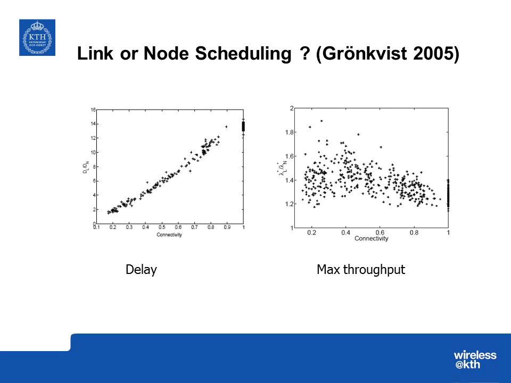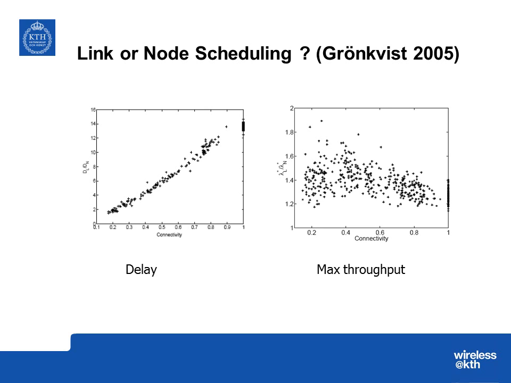And as may be expected, the relationship between the delay in the link schedule and node schedule, on the left-hand axis, as a function of connectivity, looks like this. Connectivity 1 means that all nodes are connected, and low connectivity means that the network is very sparse. As we can typically see here, the more connected the network is, the more effective the node schedule becomes, as in a highly connected network there is very little frequency reuse that we can exploit.